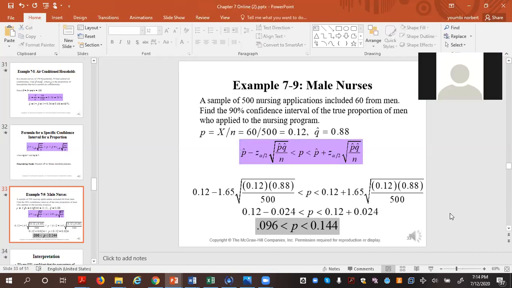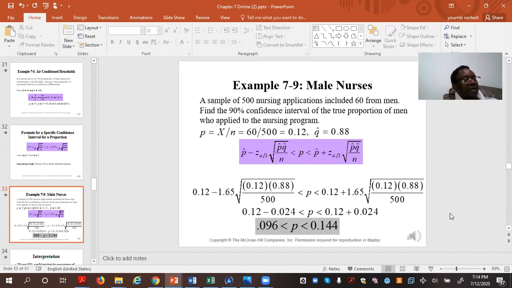Okay, now I'm speaking for those who have a TI-83 calculator. You go to your calculator and press STAT, go to TESTS, and you will go down to 1-PropZInt, the 1 proportion Z interval.